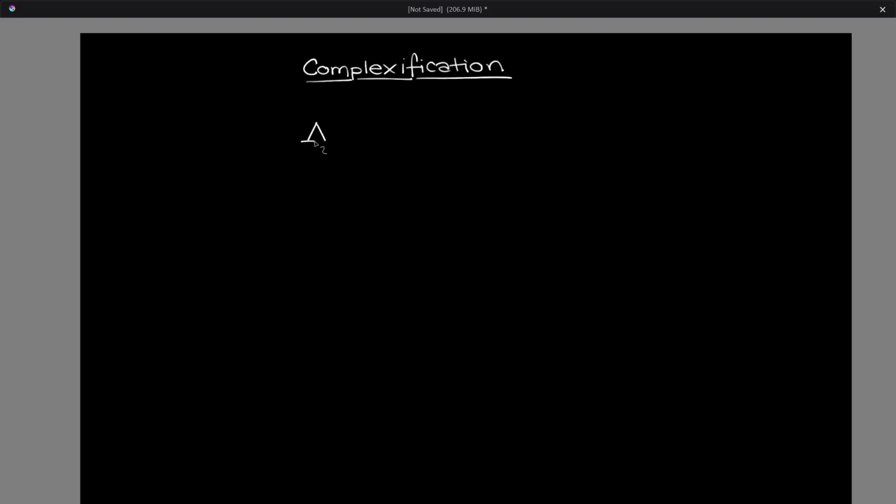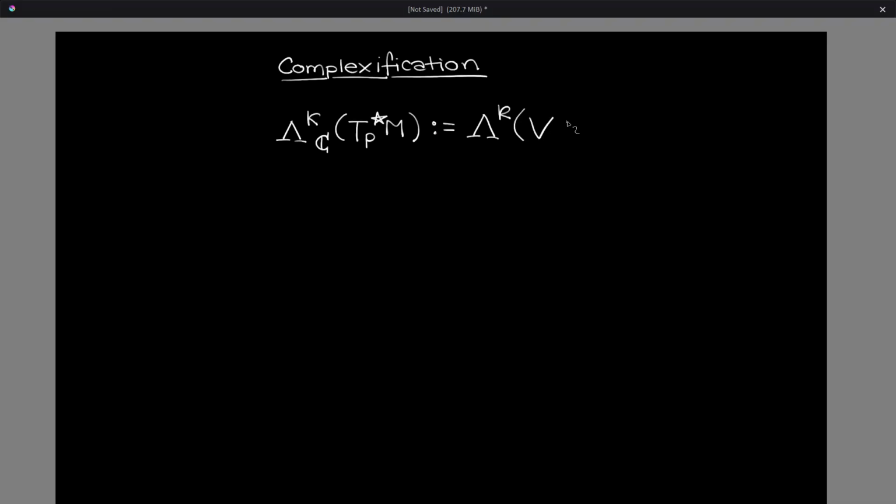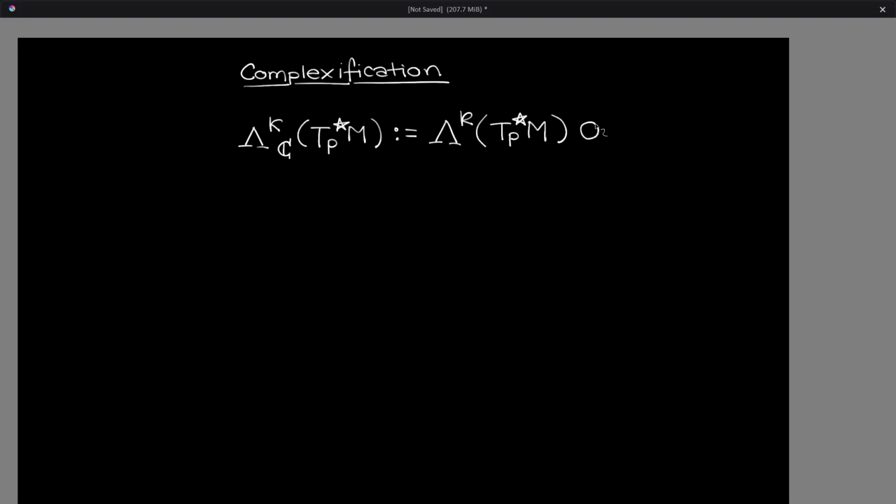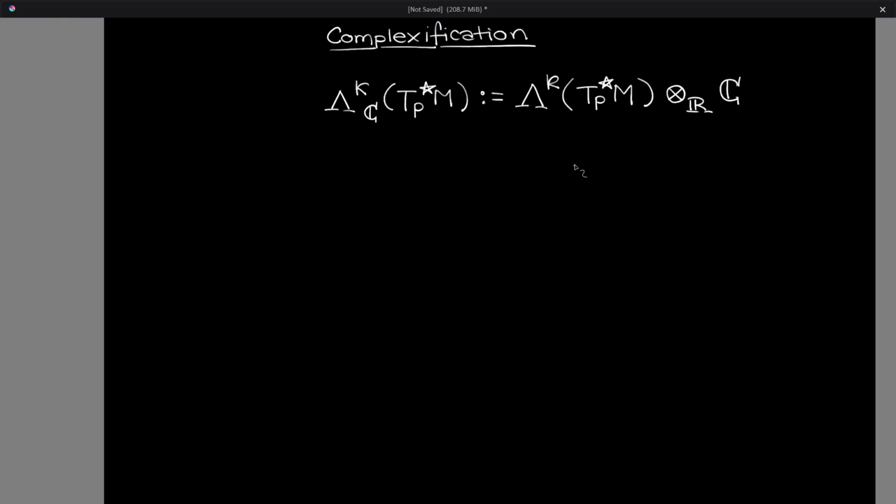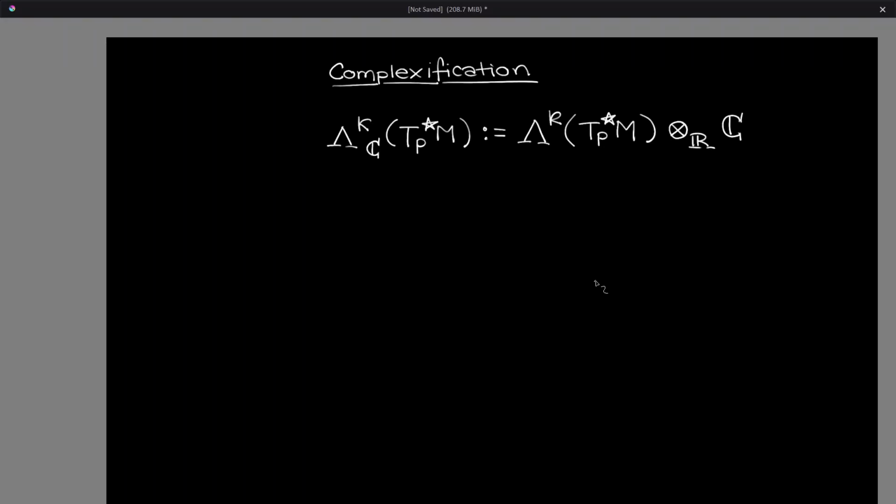So it very cleanly amounts to this: we're going to call it lambda k complex of T_p star M, which is defined to be what we had so far, the kth homogeneous algebra of T_p star M, tensored over the reals with C. That is the complexified space, just like any other complexification.